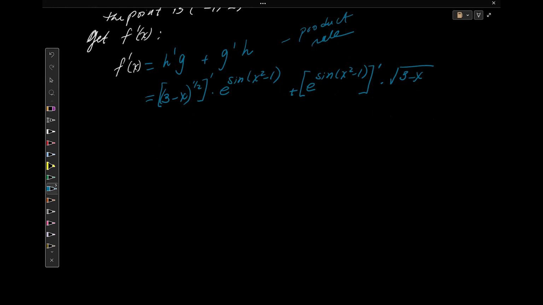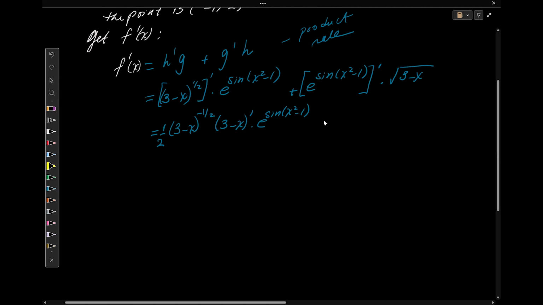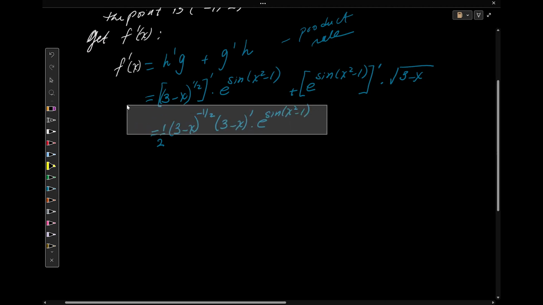I see some function to a power. So the derivative is drop the power, that thing to one less power, times the derivative of that thing, times e to the sine x squared minus 1. Okay?